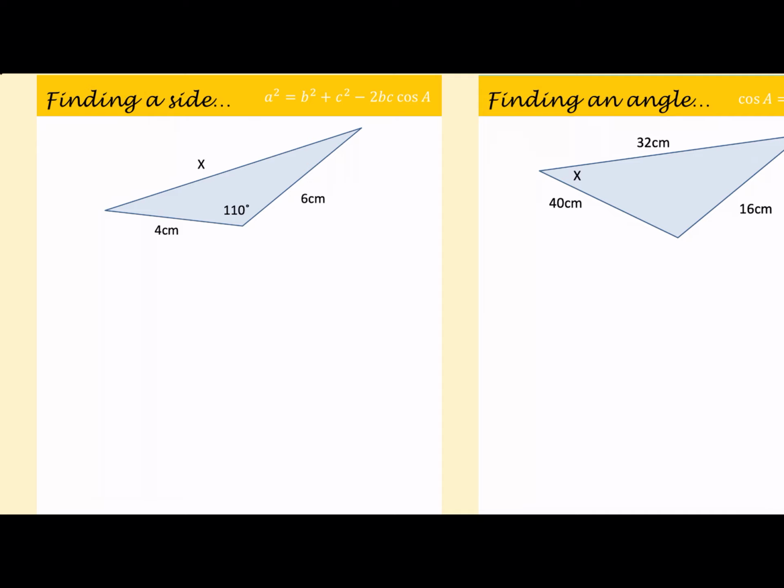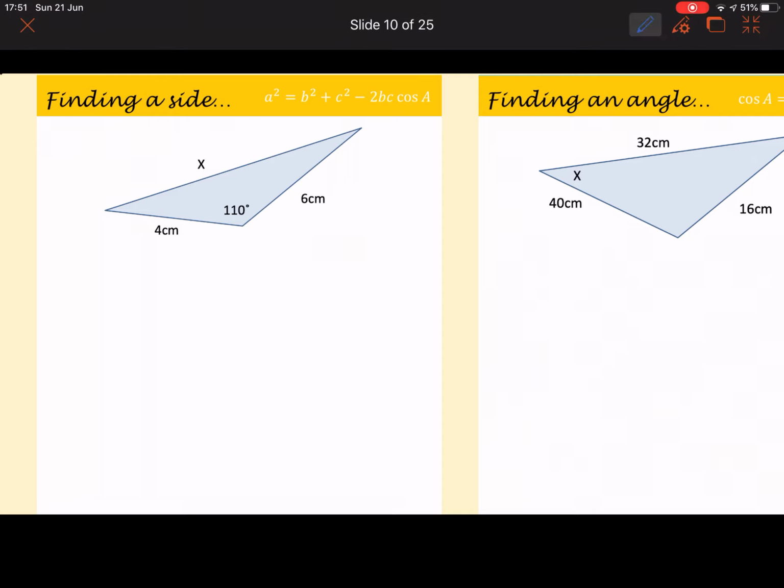Right, so let's have a go at this. As I said, you always label up first. So we've got A, little a. Now you know your angle's going to be A because look at the formula. That's the capital they give you. So there's a little bit of a hint. And we could use our b and c. So substitute in a squared. Now I'm actually trying to find x, so I'm going to write x squared because that's my length a.